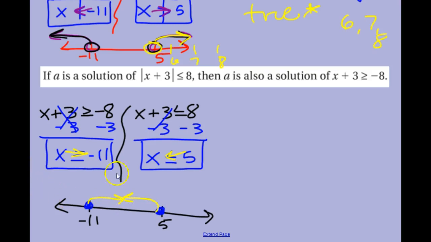So here is what they said is true. If A is a solution here, then A is also a solution here, which they're telling you, subtract 3, x is greater than or equal to negative 11.